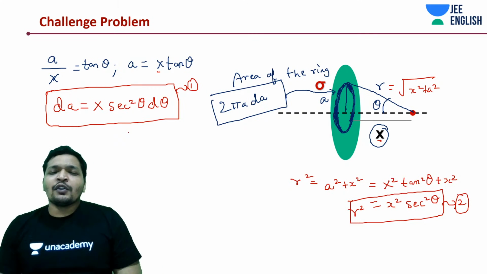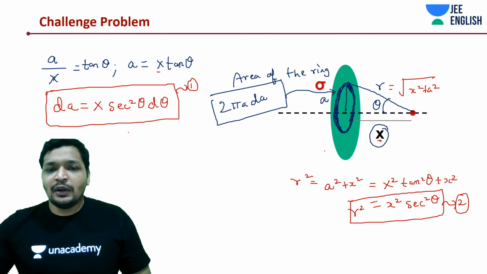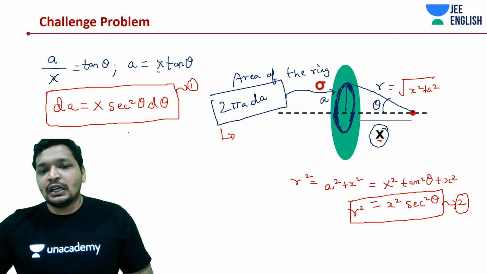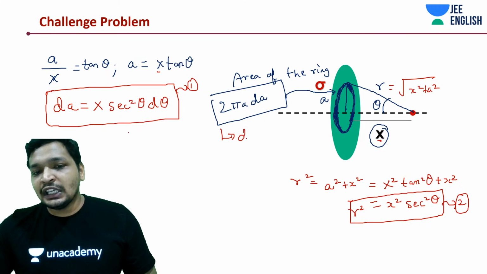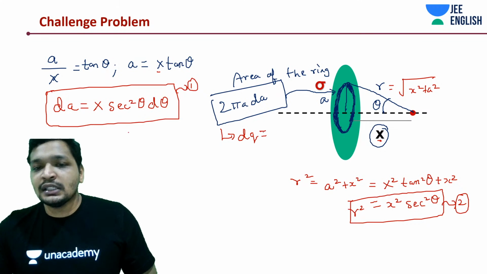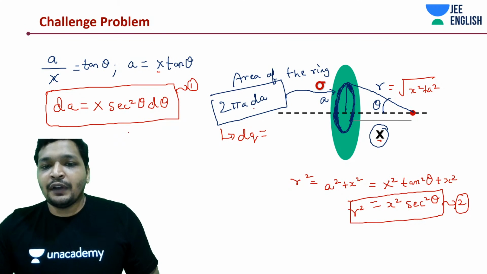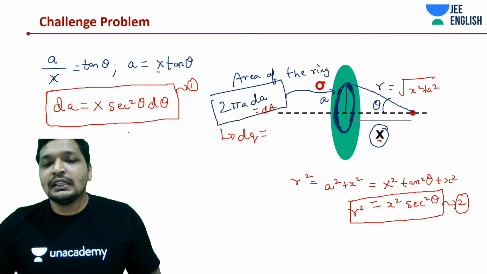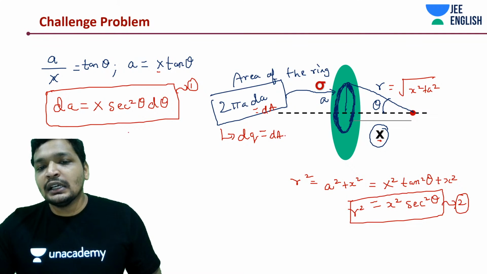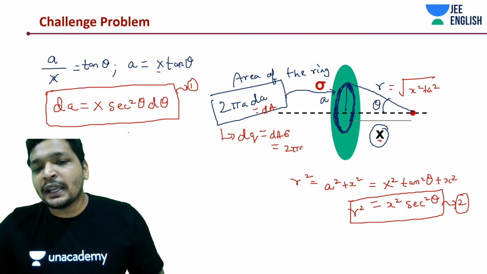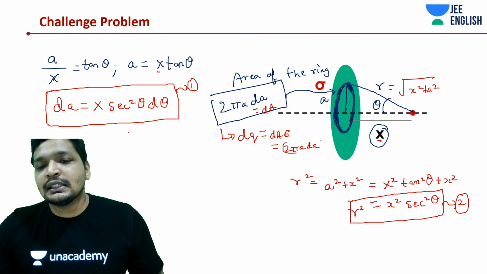Now we got everything we want, and one more thing maybe. What is this? This is surface charge density. What is dq for this ring, students? If I call this dA, it's going to be dA sigma, which is going to be 2 pi a dA sigma.